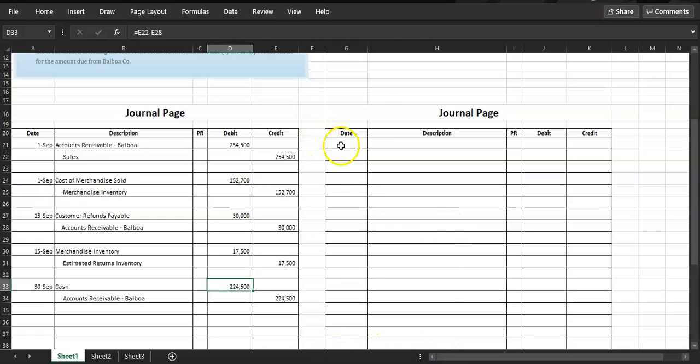Okay, so we're still on September 1st. From the purchaser's point of view, what did they get? They got merchandise inventory, and it cost them $254,500. And they owe somebody money.